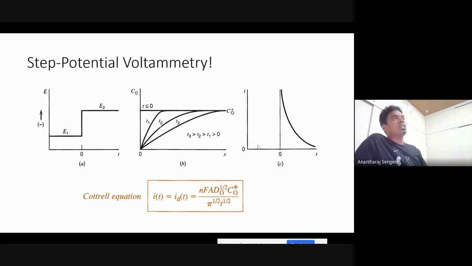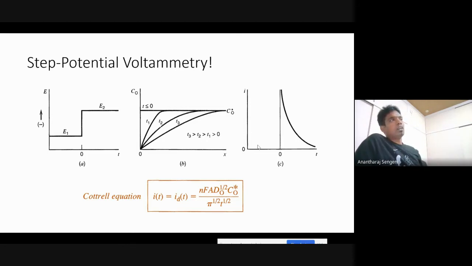So how we do it is that we simply use the Cottrell equation to distinguish the current that is due to capacitance and the current that is due to the Faradaic reaction. We simply plot the current response against the square root of time.